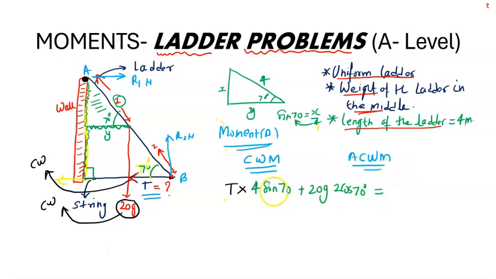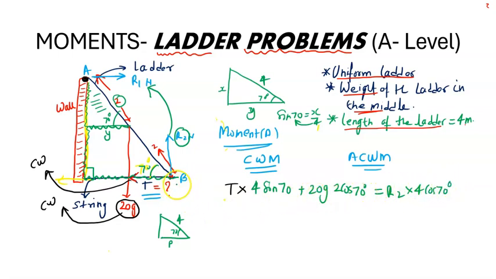Now the anti-clockwise moment. The only anti-clockwise moment is R2, which is going like this towards it. So we can write R2, and with R2, what should be the perpendicular distance? This will be the perpendicular distance here. If you take the triangle, this is 4 and this is 70 degrees, so the distance should be 4 cos 70 degrees. So R2 times 4 cos 70 degrees. Is that okay?